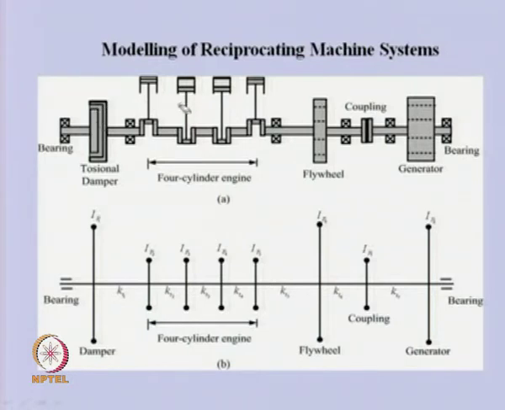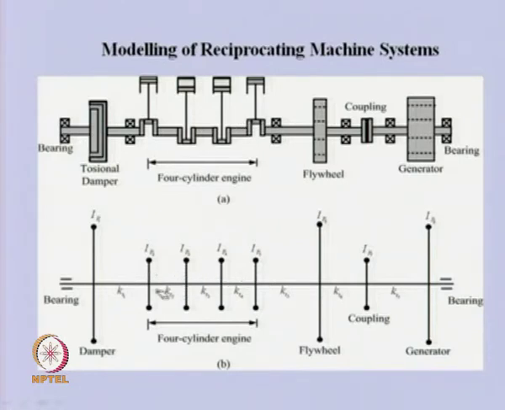But this engine has not only revolving parts, but some parts are oscillating or having pure reciprocating motion. So, now our aim would be to convert this engine to equivalent revolving parts.